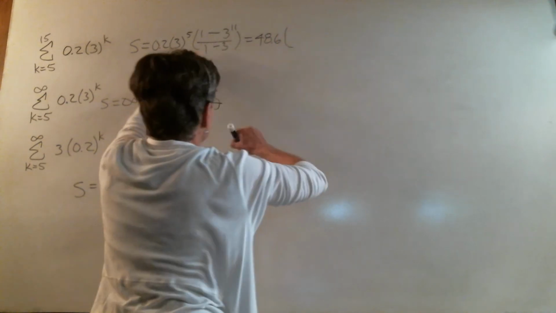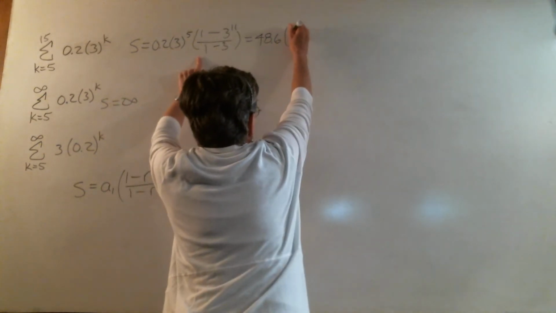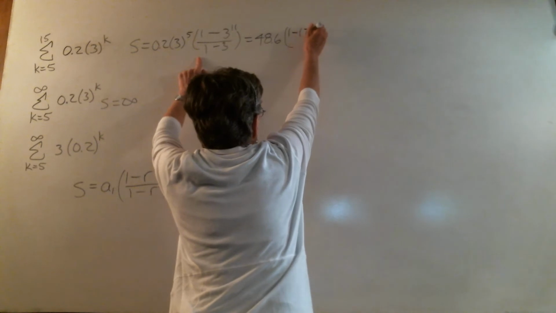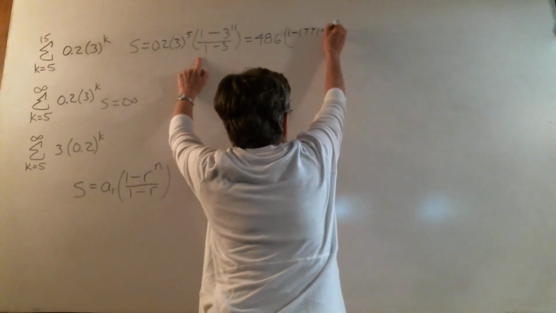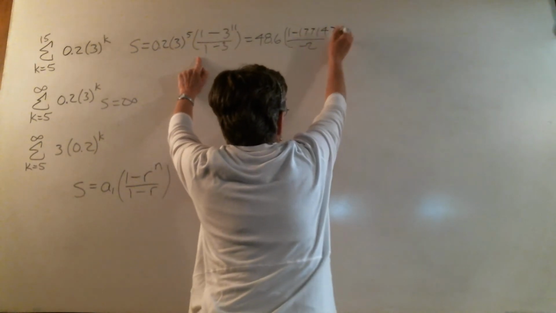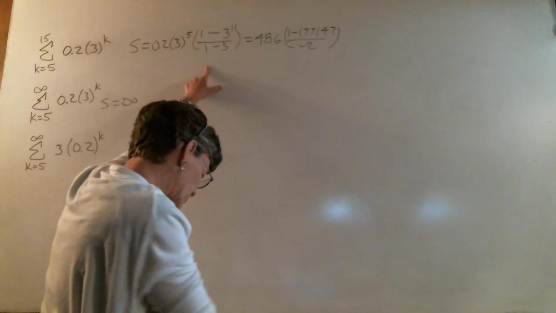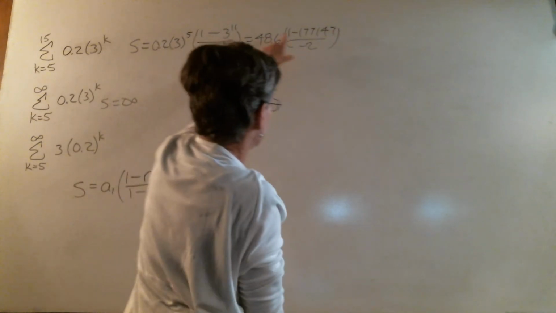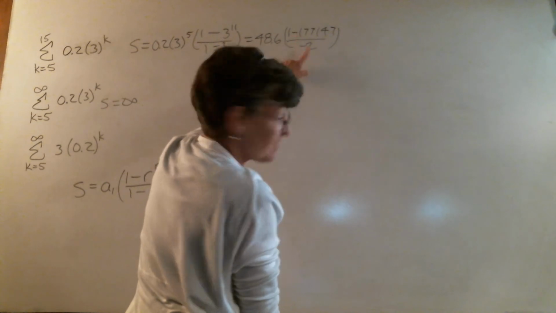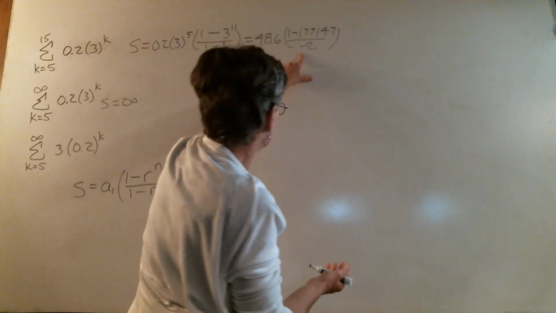And this is 1 minus 177,147. Now that's going to be a negative number. So the negatives go away, and so they become positive.